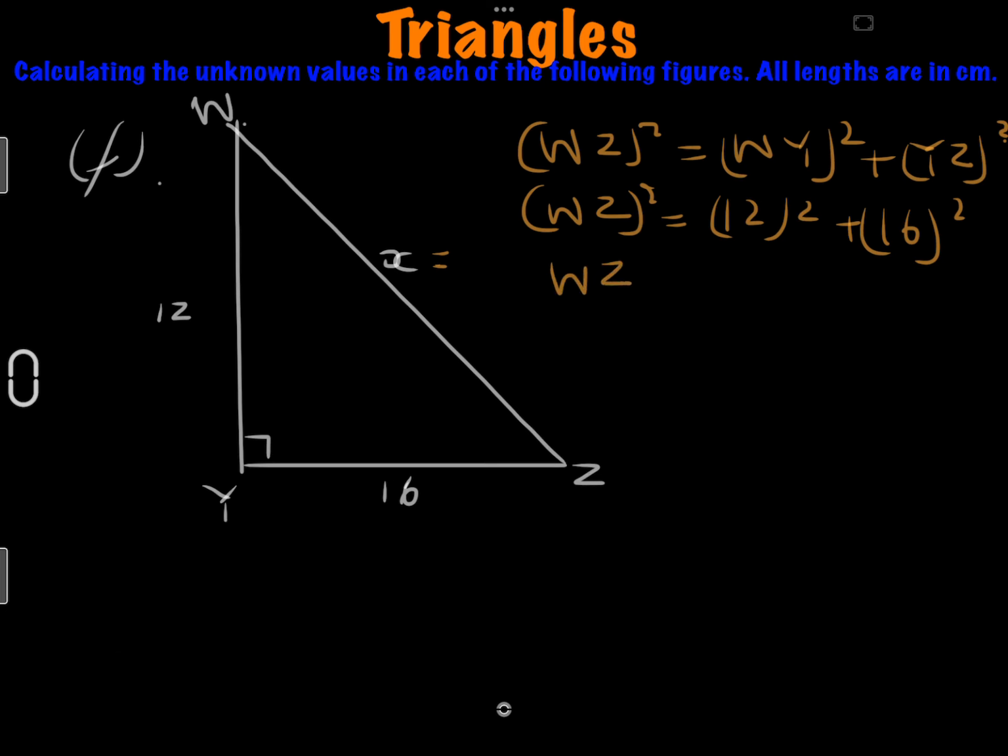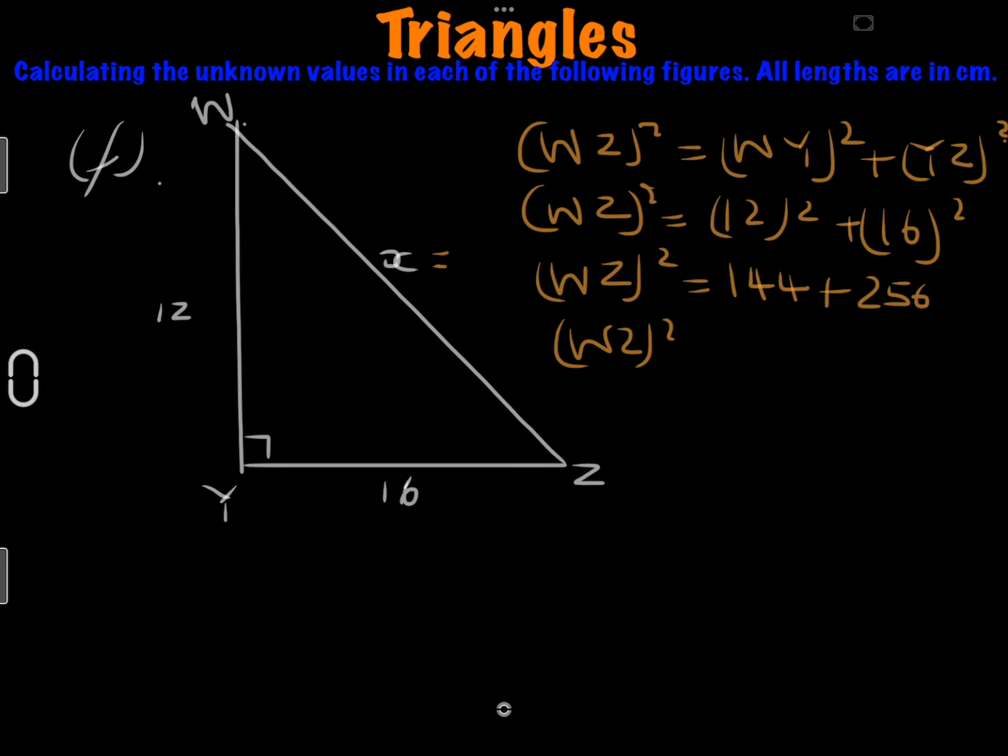WZ squared is equal to 12 times 12 gives us 144. Let me just double check. Yes, 144. And then 16 times 16, or rather 16 raised to the second power, we get 256.